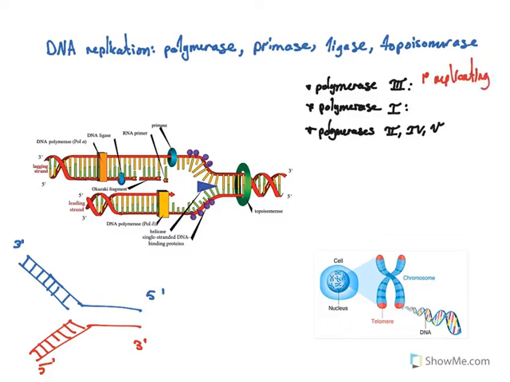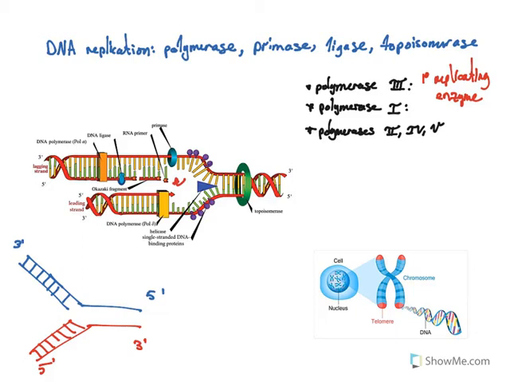And what I mean by primary replicating enzyme is that this enzyme is actually responsible for creating the complementary base pair. So it comes to the original strand or the template strand, binds to it, and begins the process of replication.